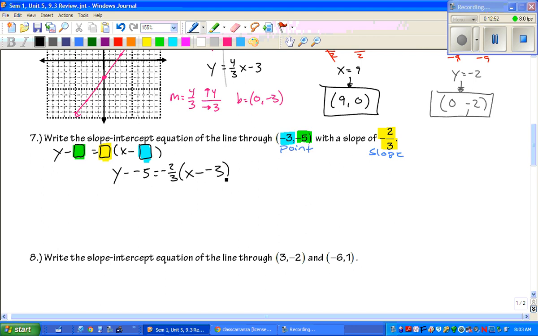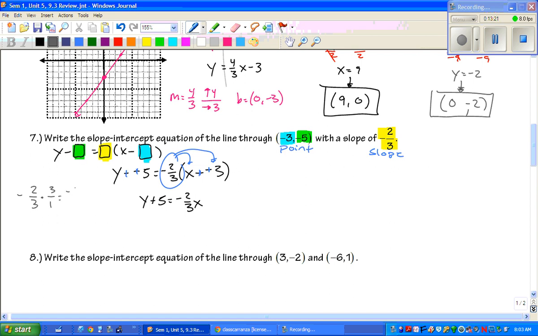Okay, so first thing I notice is some double negatives, so that's actually a positive 5, and that's actually a positive 3. So I need to distribute right here. So we get y plus 5 equals negative 2/3 x. And then I need to do negative 2 over 3 times 3 over 1. Okay?